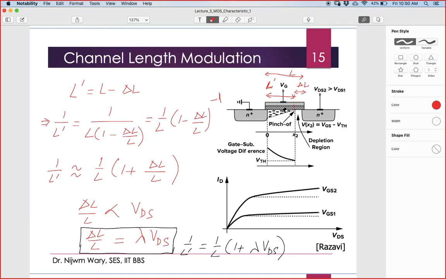Okay, so that's why I mentioned, right? If you see this graph, if I am increasing this VDS very high, you see we are not getting a constant current. The pinch off is happening. As this pinch off becomes shorter and shorter because of this high potential, what we are getting here is that the current is increasing.